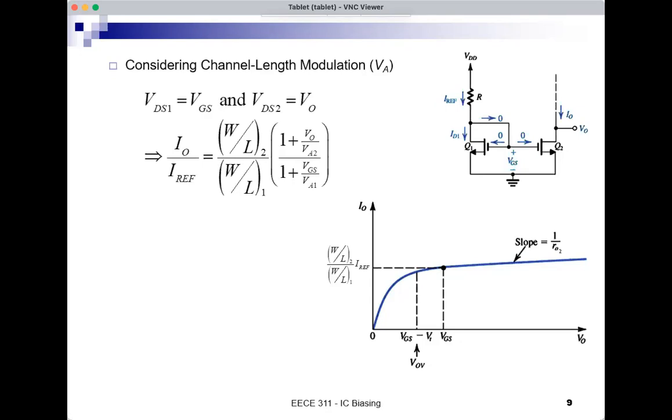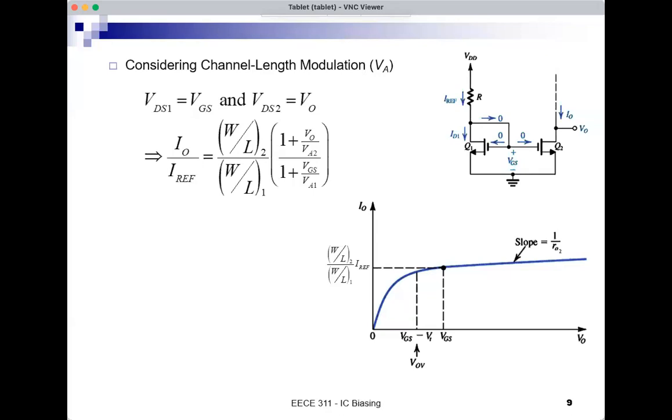We derived the expression in this case, and this is what we get. The equation shown, IO will be W over L2 divided by W over L1 times IREF times 1 plus VO over VA2 divided by 1 plus VGS over VA1.